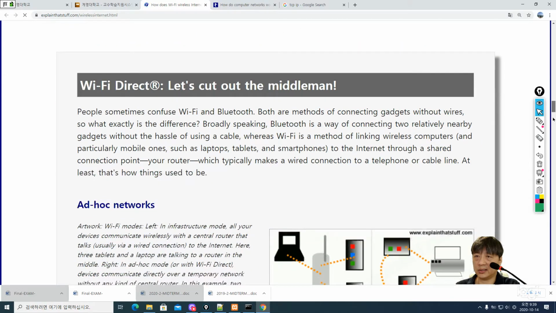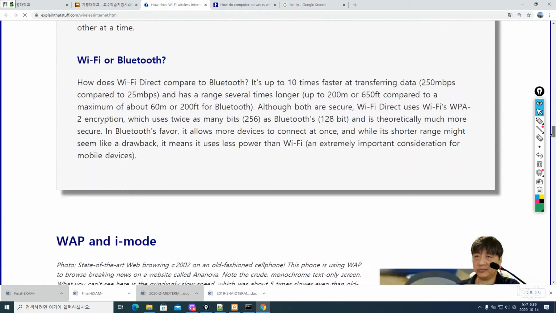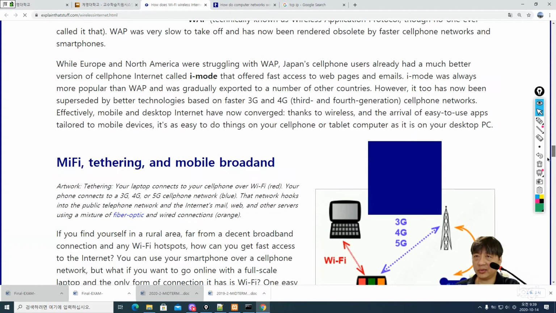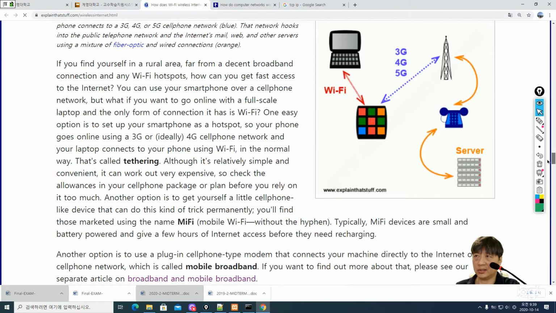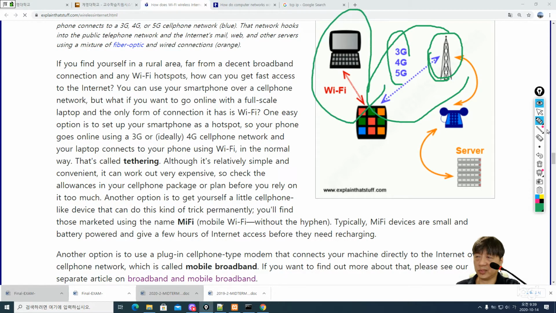And different type configuration, Bluetooth, Wi-Fi. That's kind of showing you the example. This is a cellular where there's a baseband, and this will be the Wi-Fi.